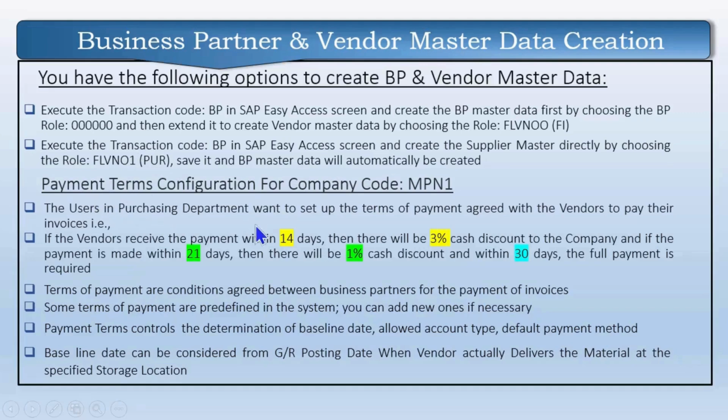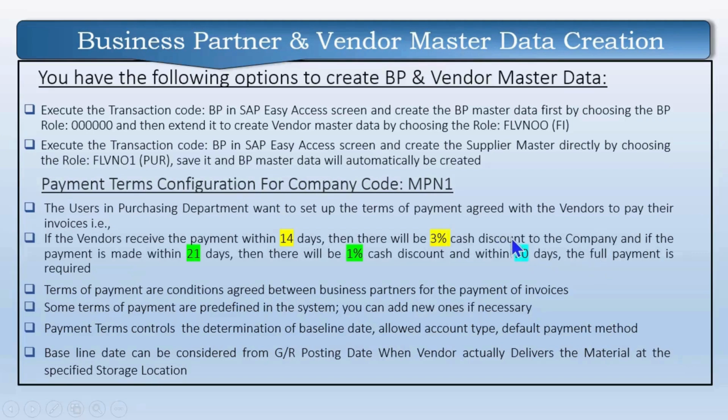So now the company code MPN1, in that the purchasing department wants to set up the terms of payment agreed with the vendors to pay their invoices. Let us assume this is our company. We have an agreement between the suppliers and our company that if we pay for any material we purchased within 14 days, then the vendor is going to give us a discount of 3% for 14 days.